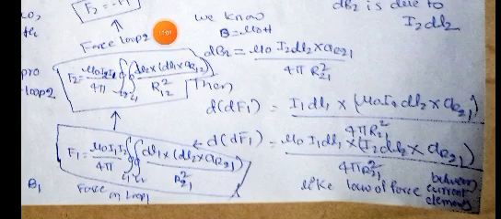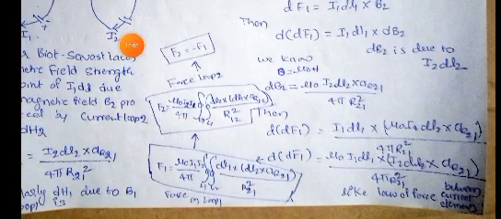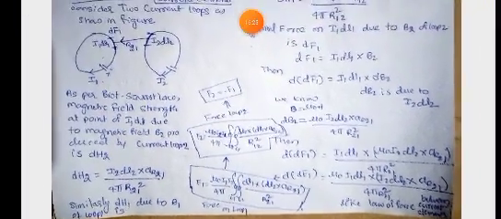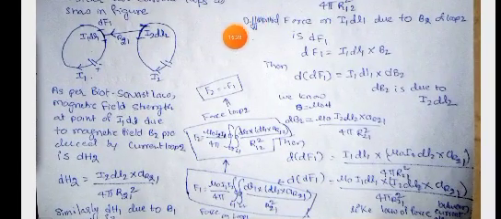So what is the relationship between F2 and F1? F2 is equal to minus F1. This is the force between two current elements. The basic backbone of this formula is the differential force on I1 dL1 due to the magnetic flux density B2 of the second loop.